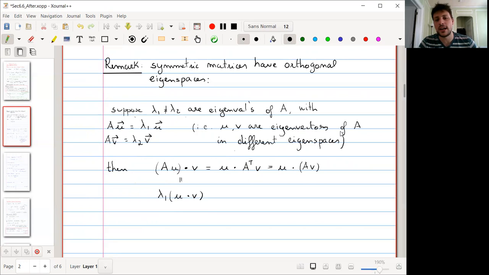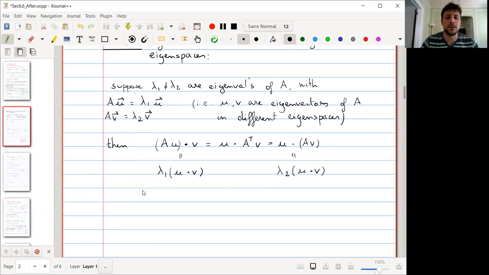So when I get to this side, I can use the fact that v is an eigenvector and factor out a lambda2 u·v. Okay, so how can this happen? What we proved here was that lambda1 u·v is equal to lambda2 u·v.